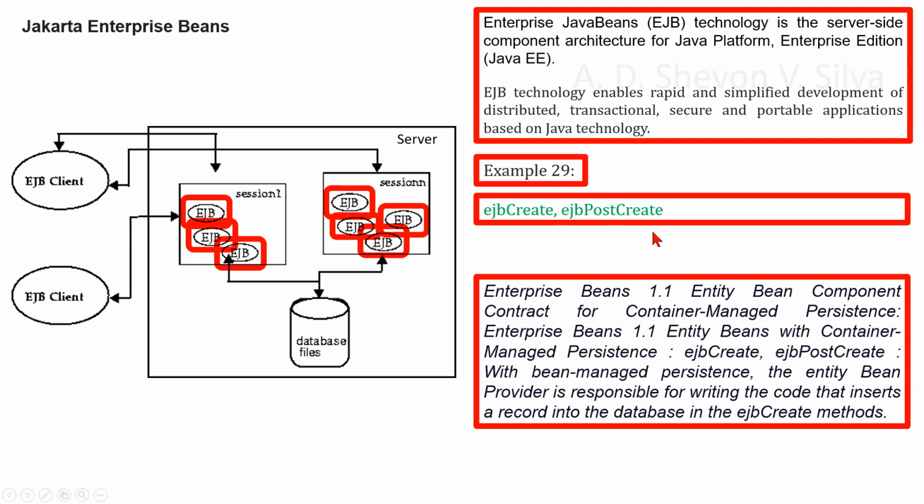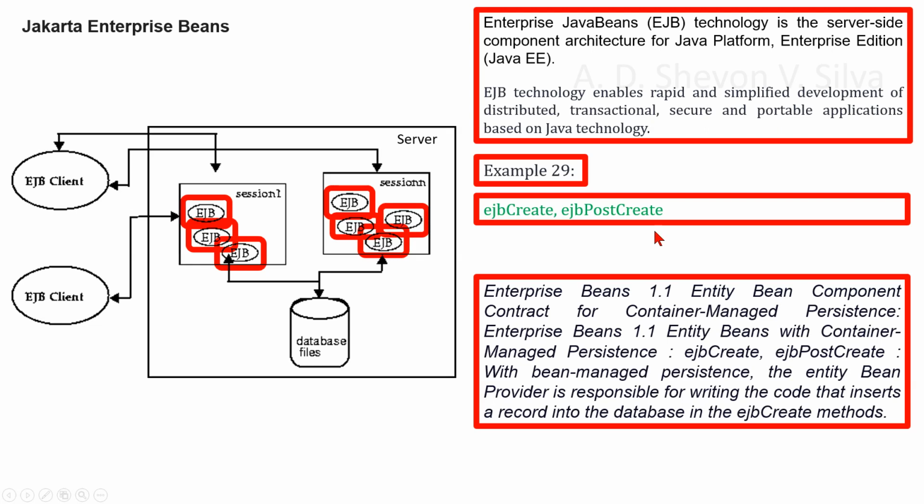The container may create the representation of the entity in the database immediately after EJB create returns, or it can defer it to a later time, for example, the time after the matching EJB post create has been called or the end of the transaction. The container then invokes the matching EJB post create method on the instance.